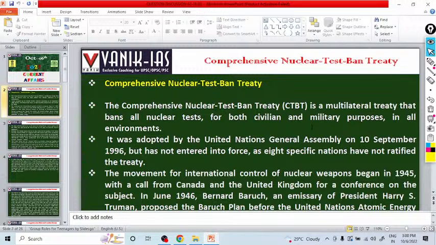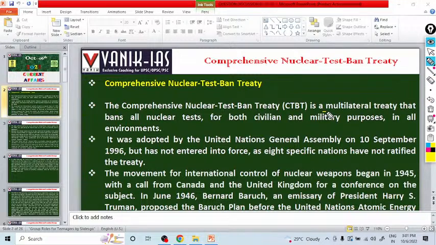So let's start with the Comprehensive Nuclear Test Ban Treaty. CTBT, Comprehensive Test Ban Treaty. The Comprehensive Nuclear Test Ban Treaty is a multilateral treaty that bans all nuclear tests for both civilian and military purposes in all environments. What is this treaty?